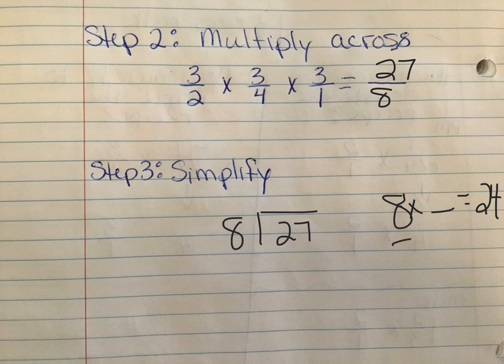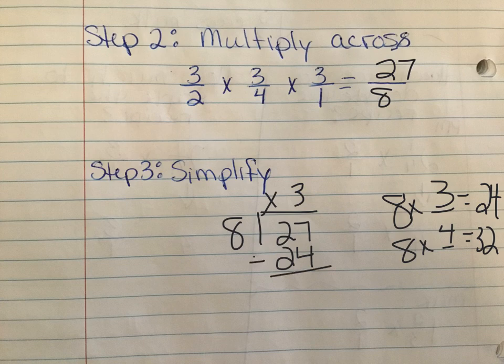And I know if I times it by 4, it comes up to 32. So which one will I choose? So I put my 3 up top. Remember, if I have 2 items, I can't make a group. So I put my 3 up top. I have 24 down below. I subtract. I have 3 left over. So now with that, step 4 would be I make a mixed number.